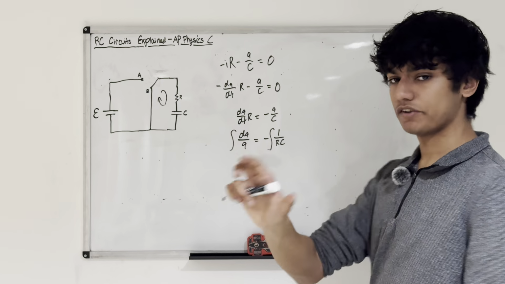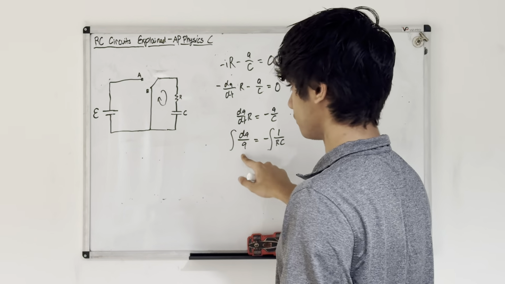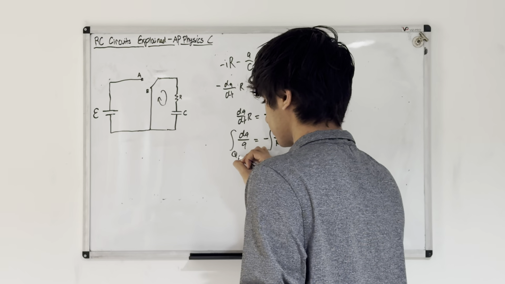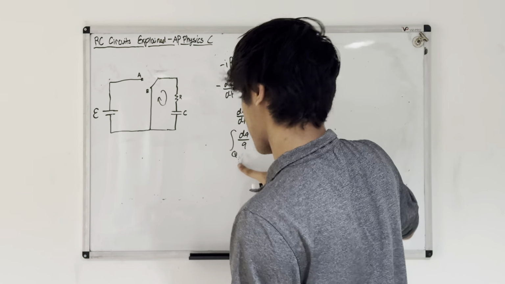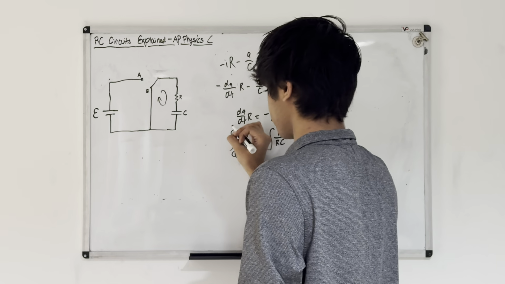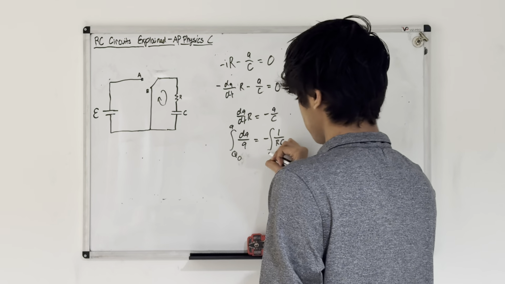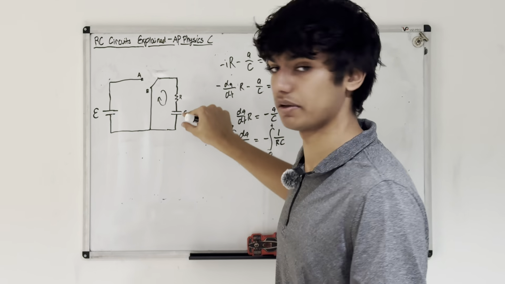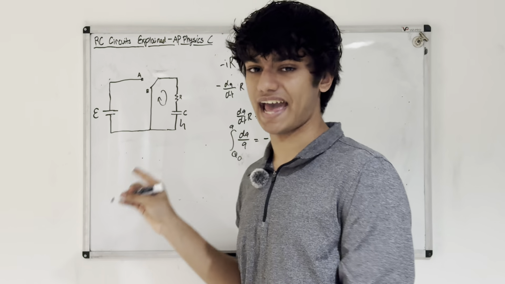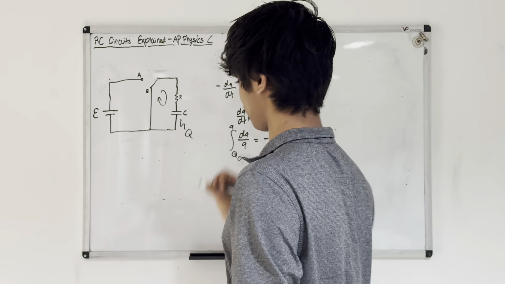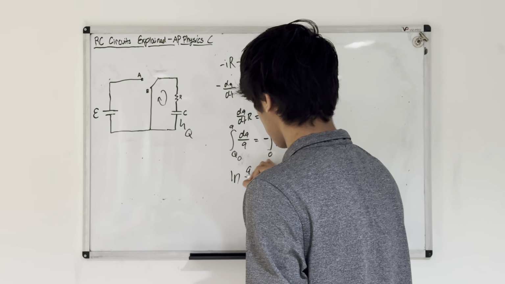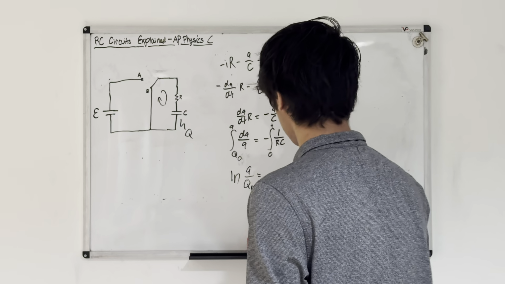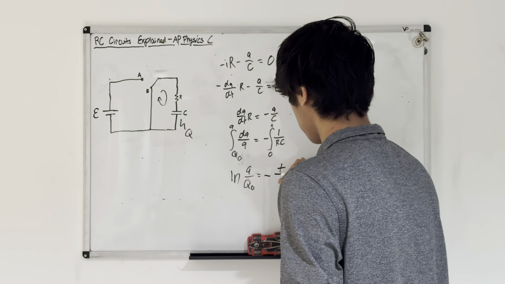Okay, but here our bounds are a little different. Our bound for Q is going to be from Q max, or Q initial, I guess, because we don't know if we're at Q max. So Q initial to little q, and time is going to be the same, 0 to t, because we're starting with some Q. For discharging, we need to have some Q on the capacitor if we're going to discharge. Now if we integrate that, we get that ln of Q divided by Q0 is equal to negative t divided by RC.